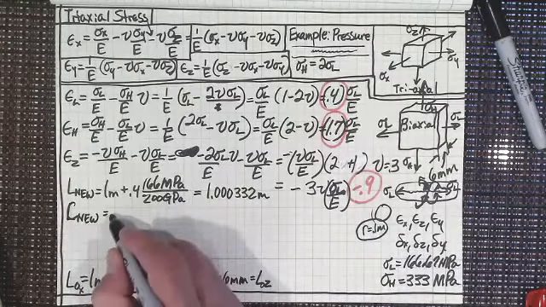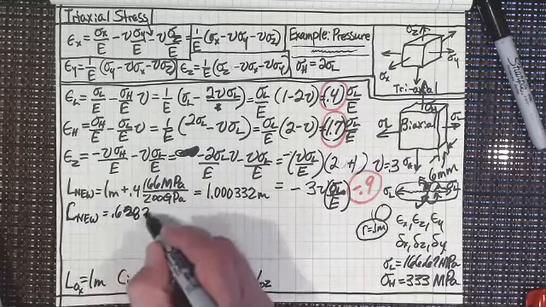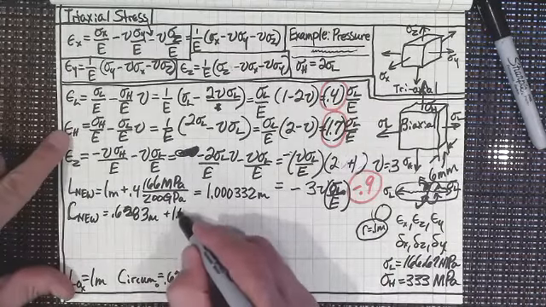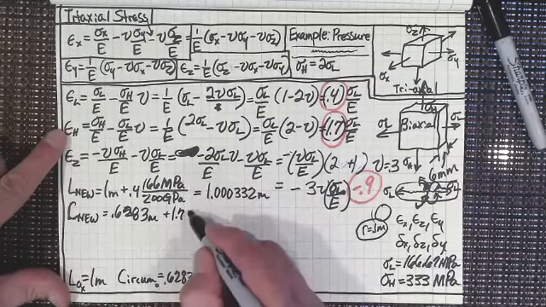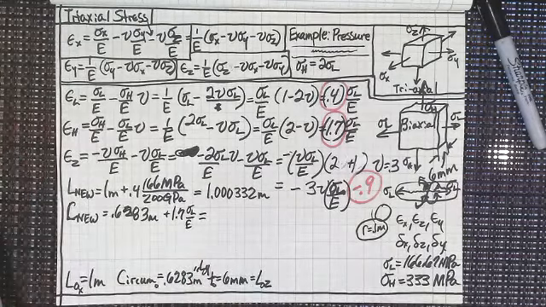Well, that's going to be 0.6283 meters plus 1.7 times the same thing, sigma sub L over E. I'm not going to write it out again. That's not going to add too much to it.